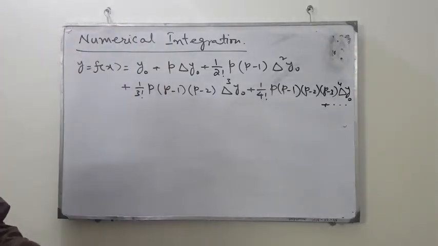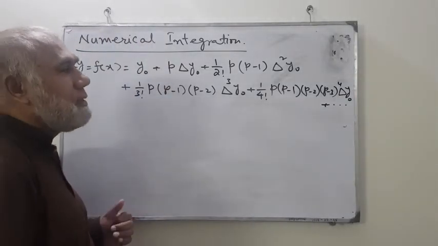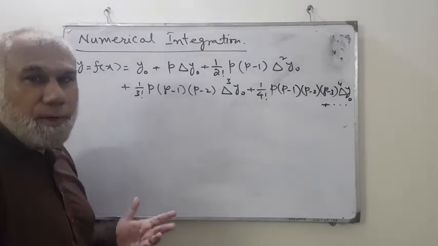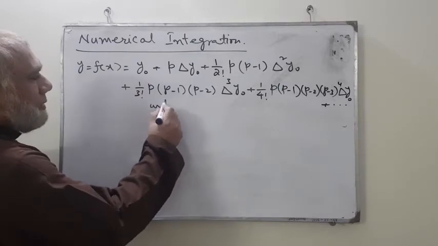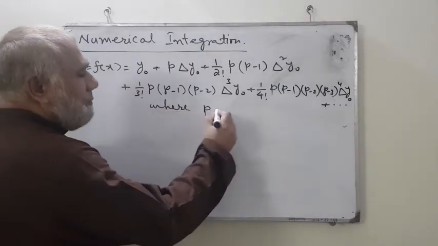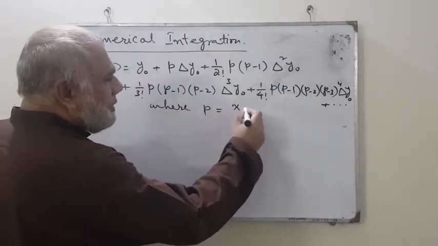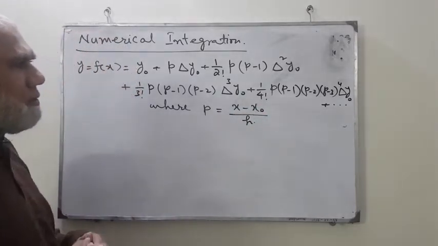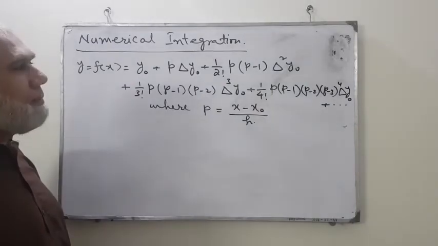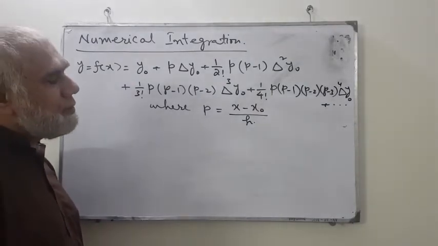This is the formula we have already seen in Newton's forward interpolation, and we already know that the value of p can be obtained using the format (x minus x0) over h. So this is the complete formula for Newton's forward difference interpolation.